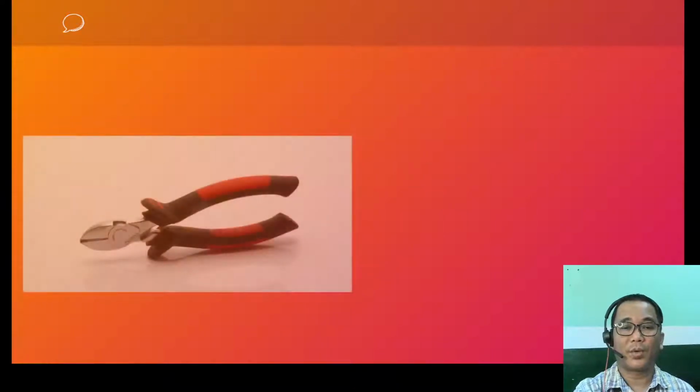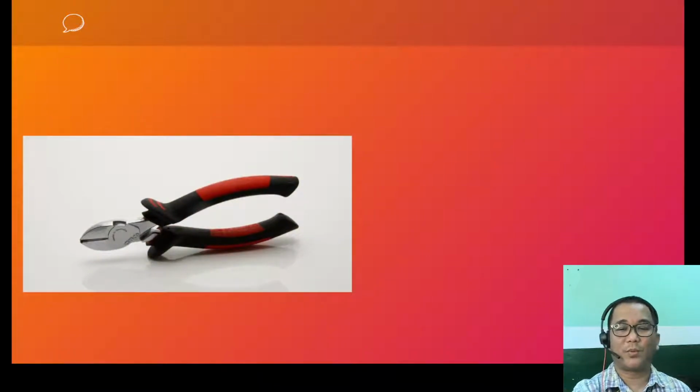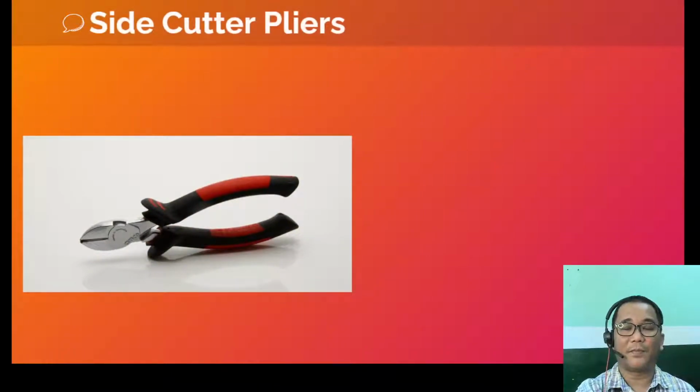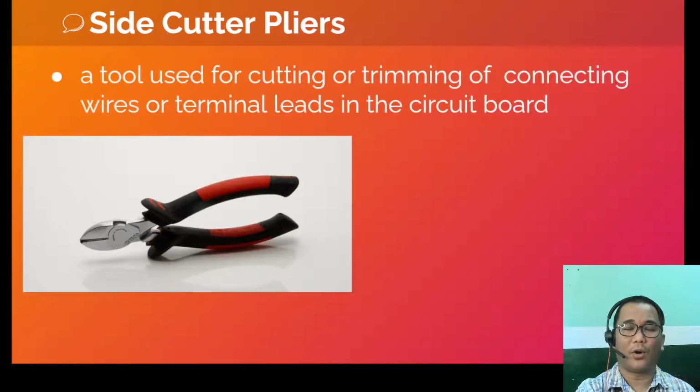Una-una, so ano yan? So, first is what we call the side cutter pliers. So, saan ba natin ginagamit ito? It is used for cutting or trimming of connecting wires or terminal leads in the circuit board. So, hindi po gunting o hindi po kinakagat yung mga sobra-sobrang mga wires natin. Okay, so we need to use a proper tools. Okay, a side cutter pliers.